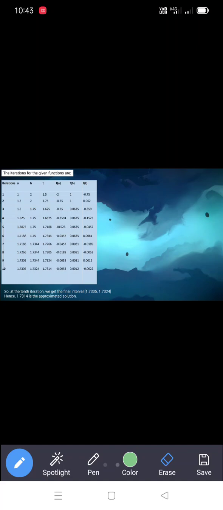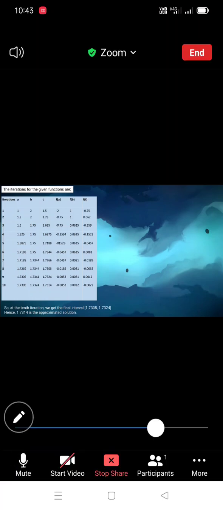So the value of a is 1 and value of b is 2. Then function of a, when we put function of 1, it gives negative 2. And similarly function of b, what we found, its value is 1.